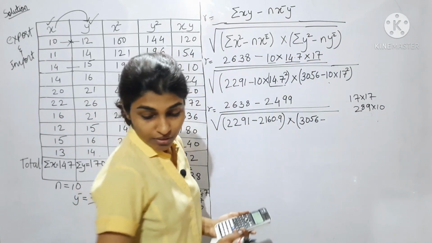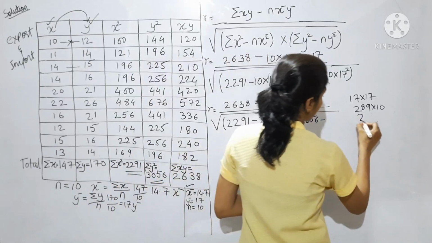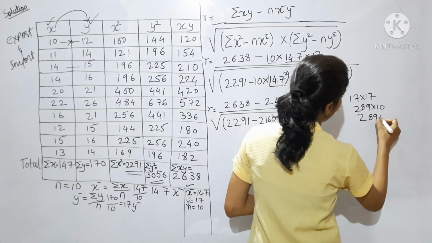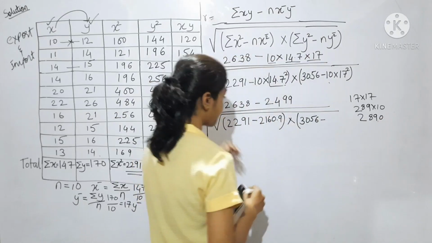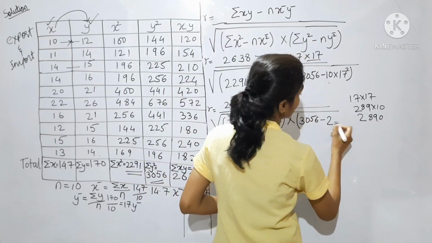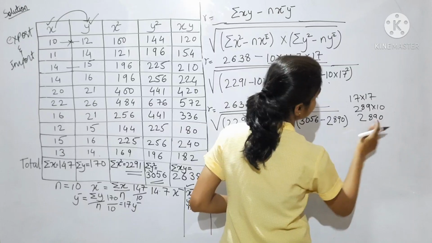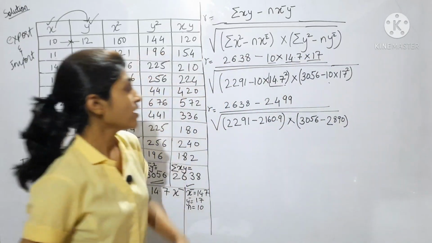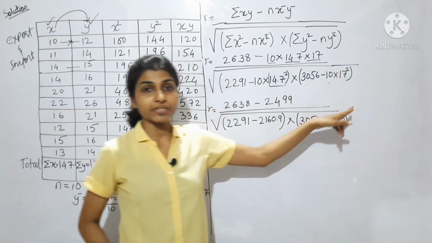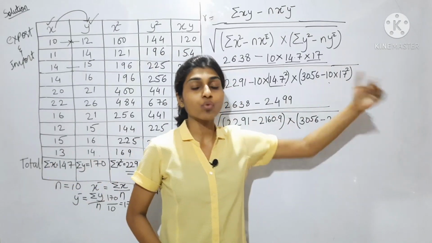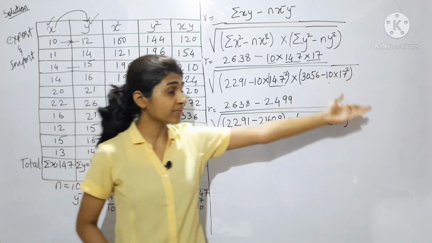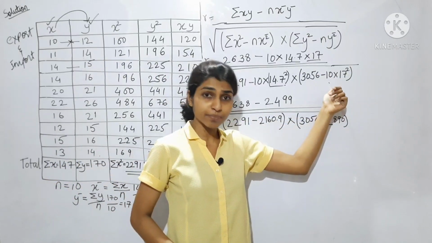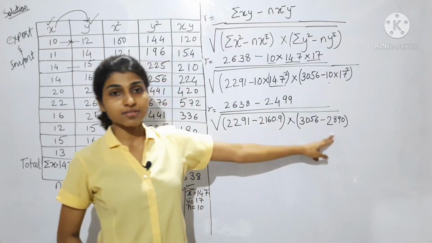You get 2890. So write this answer in the bracket. I hope you have understood what I did. I found 17 square, and whatever answer I got by 17 square, I multiplied it by 10 and wrote the answer here.